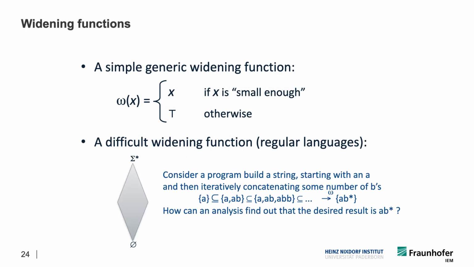Before we conclude, I want to show you just how far widening functions can range in their complexity. So you can think of probably the most generic simple widening function in the world, which takes some integer value x as an input, and it simply returns x itself when it's, so to say, small enough, right?